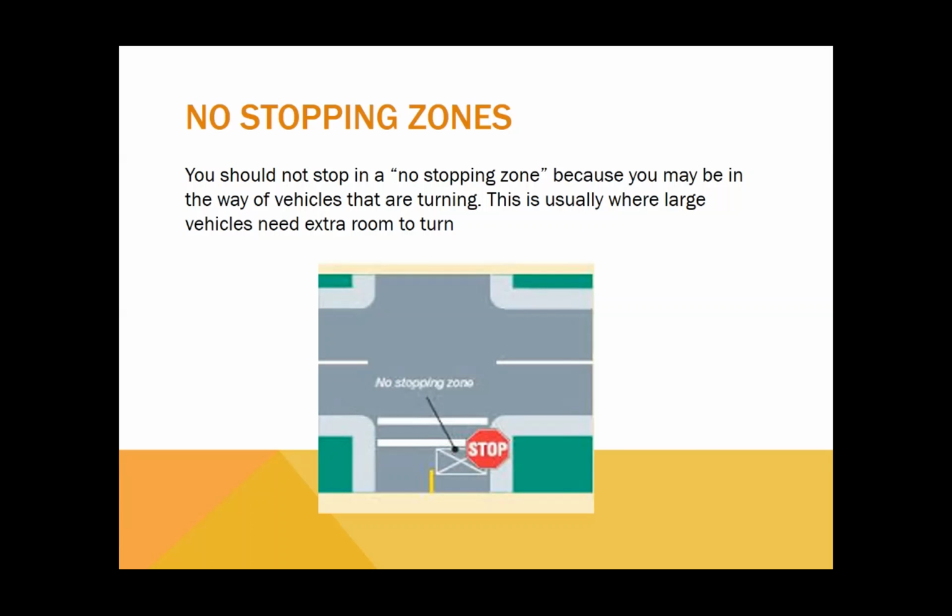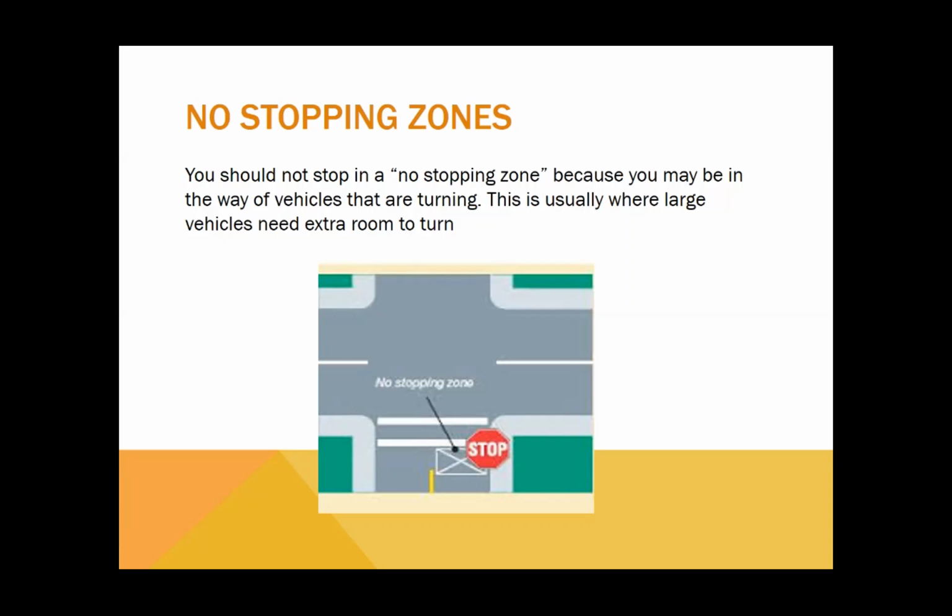When trucks make turns, especially with trailers behind them, they're not able to swing their whole vehicle around very easily, so these no stopping zones give those trucks enough room to make their turns safely, and so you're not obstructing that vehicle from getting through.